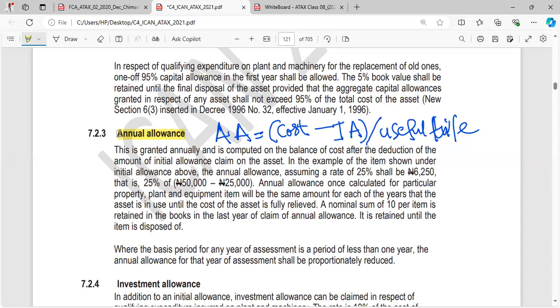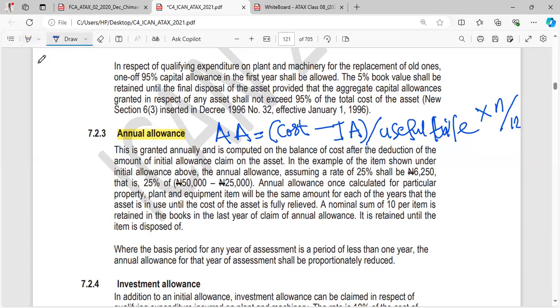So to make this formula look better, we will come here now and say multiplied by n over 12, where your n will be the number of months that is used in the basis period.